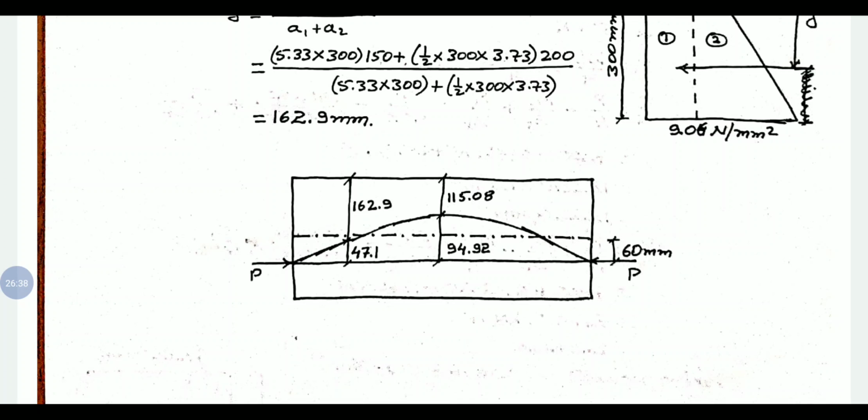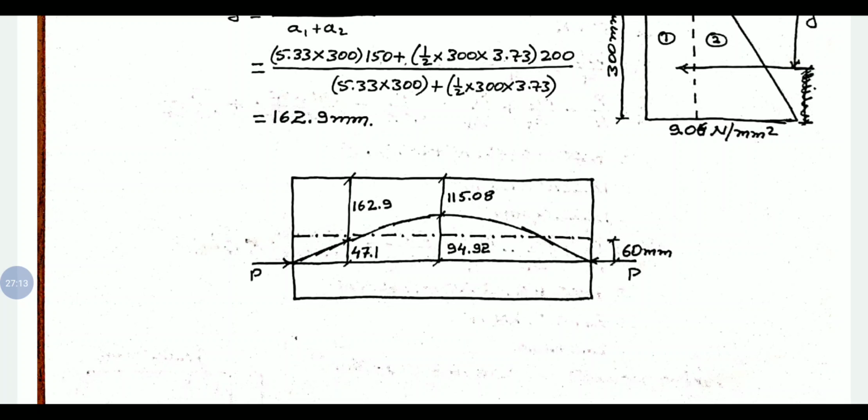We have a total depth of the section of 300 mm and an eccentricity of 60 mm. So from the top fiber we have 210 mm to the tendon, or the location of P is 210 mm from the topmost fiber or top of the beam, and the Y values we have calculated are from the top.